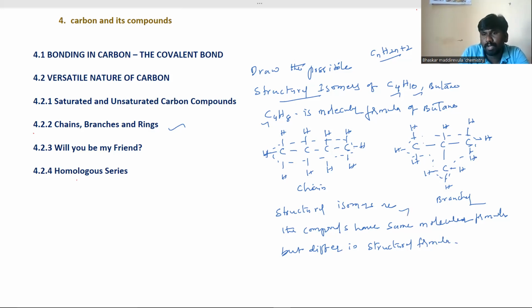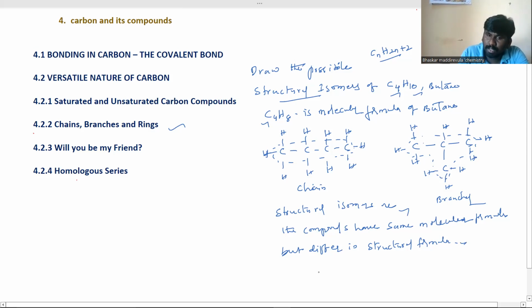If you take any two structural isomers, they will show the same chemical properties but different physical properties. You have to keep this in mind. Why will they show the same chemical properties?